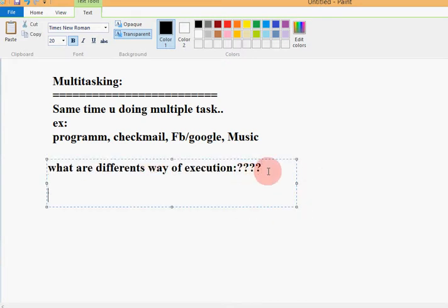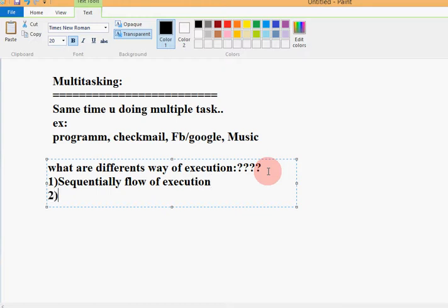Here is the answer: we have different ways, but basically we use three types of execution flow. The first one is called sequential flow of execution. The second one is parallel flow of execution.